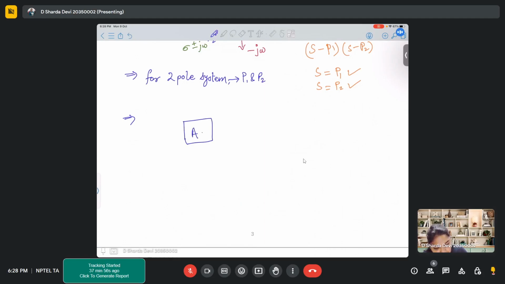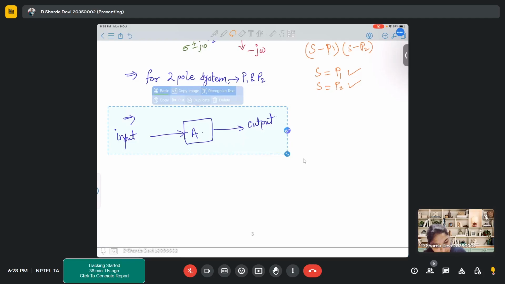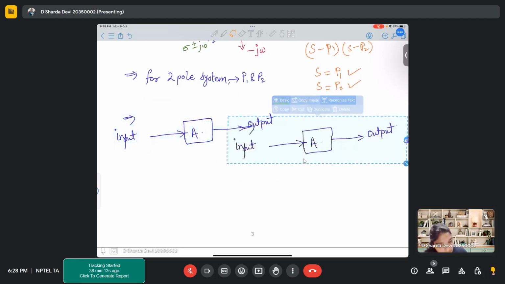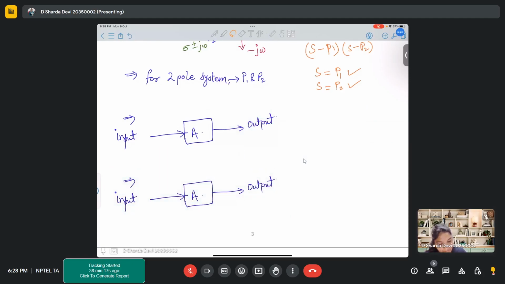So this is, let's say, your A, input, output. So you have two types of systems available.